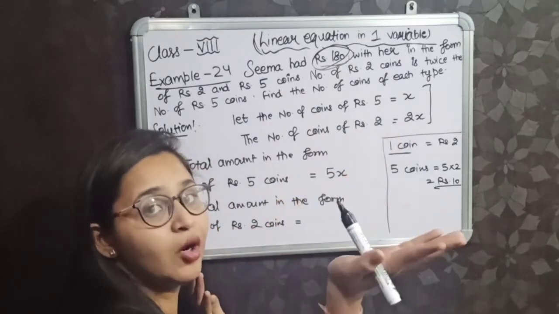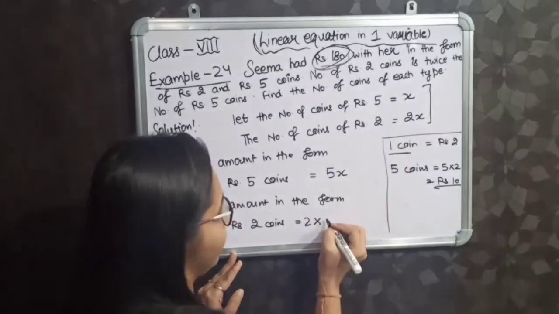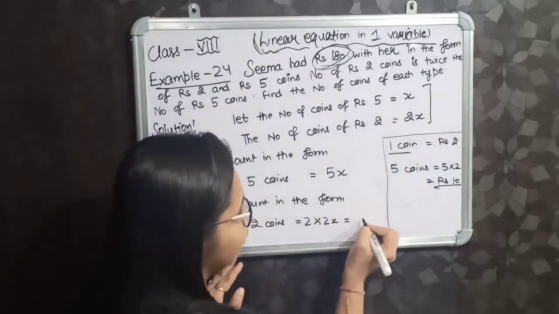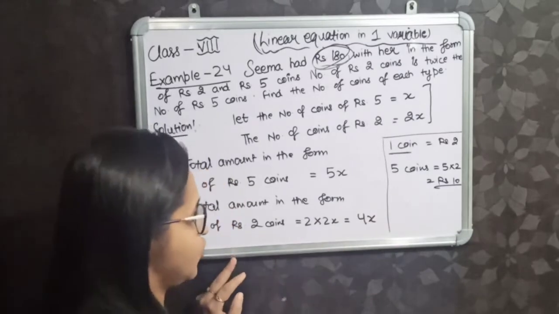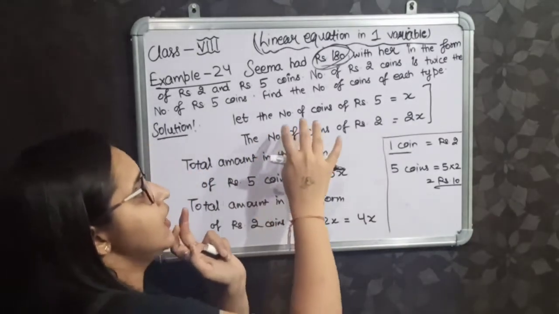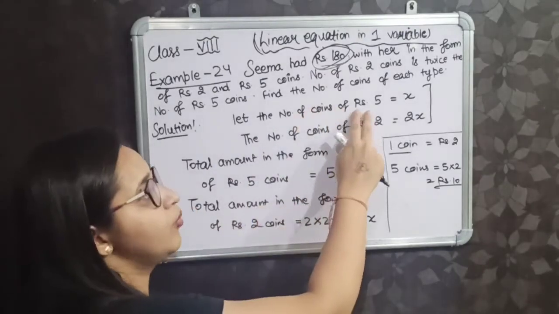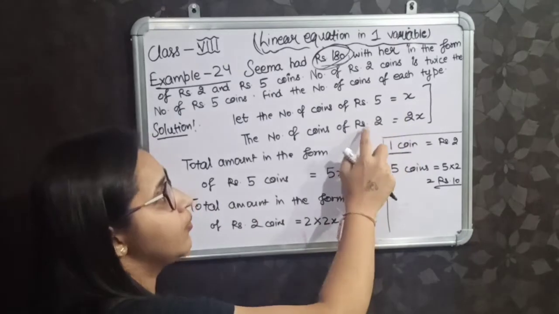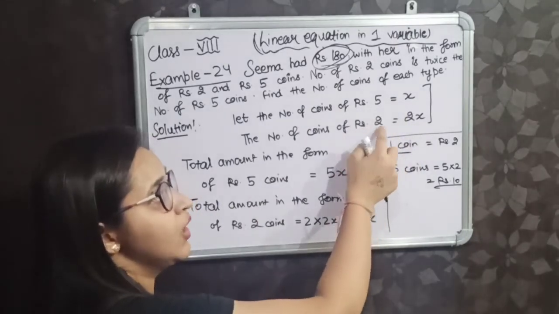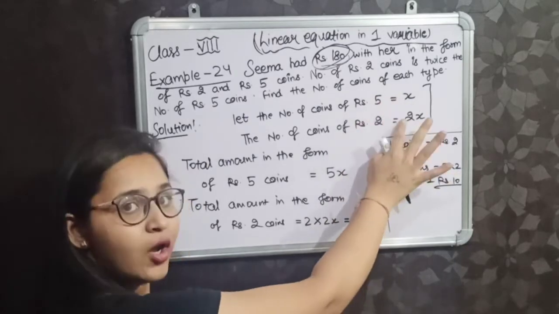It means the total amount will be 2 multiplied by 2X. Very good. And it will give you 4X. So what I have done is, I have first taken the number of coins of rupees 5, that is X. Now the number of coins of rupees 2 will be twice the number of coins of rupees 5, 2X. Got it? No problem.